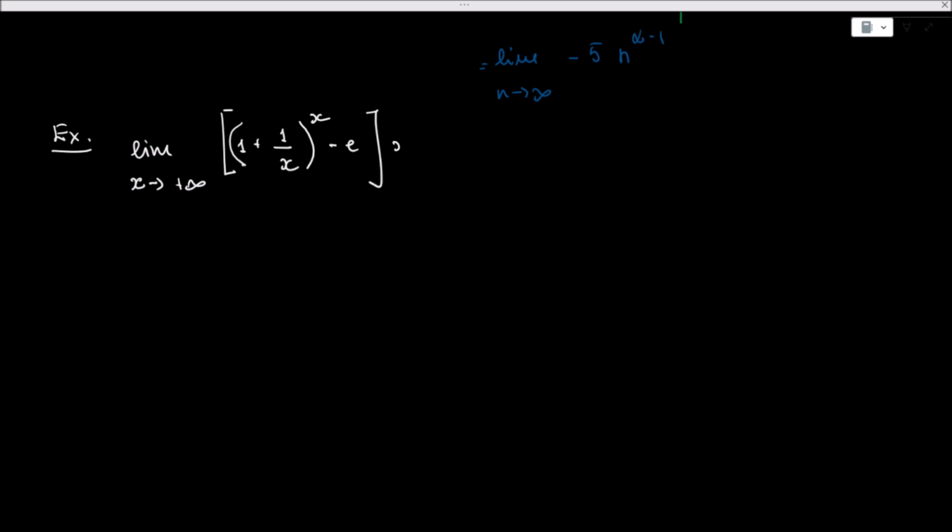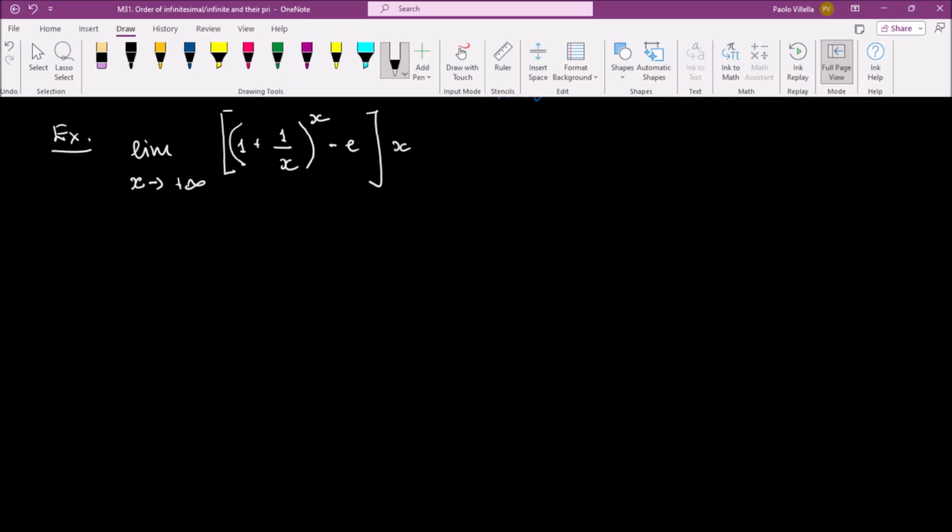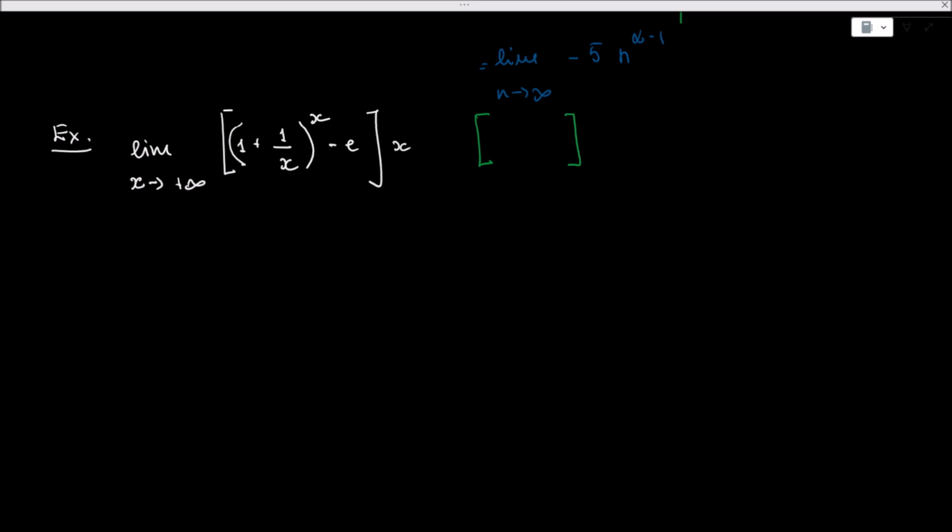Okay, and we recognize the definition of e, and we immediately see that this term will tend to 0 because 1 plus 1 over x raised to the x, for x that goes to plus infinity, is just e. E minus e is 0, so we have an indeterminate form of the type 0 times infinity.